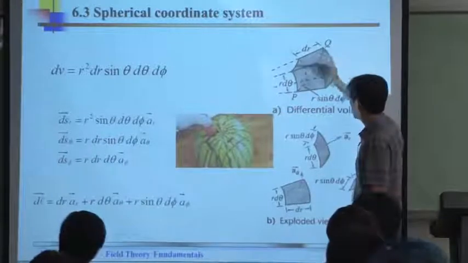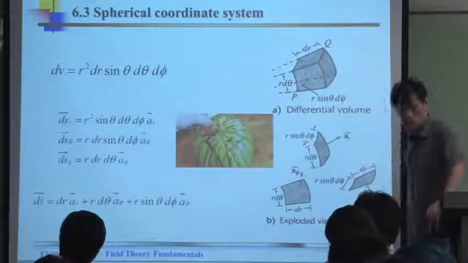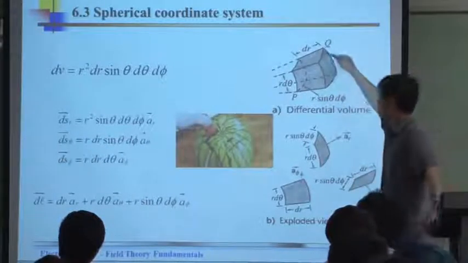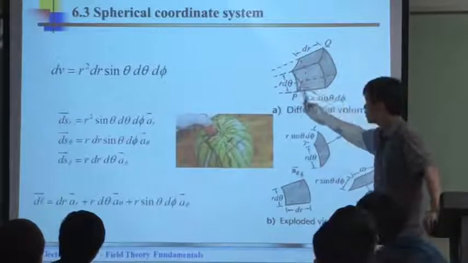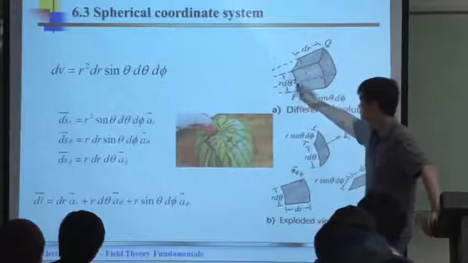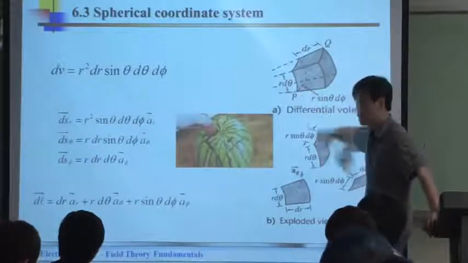So it should be multiplied by the radius. 반지름으로 곱해야 되죠. 각도와 반지름. Similarly, this length should also be multiplied by the angle difference and the radius.